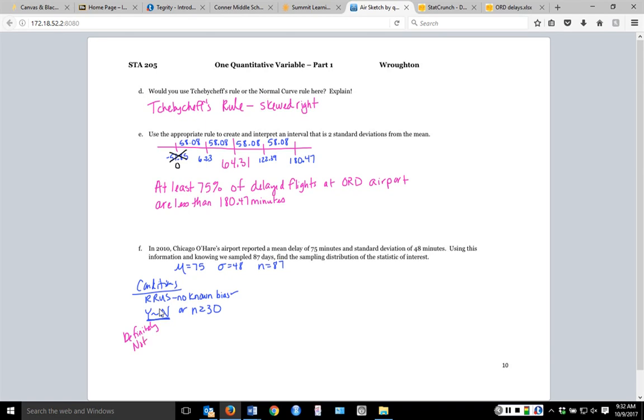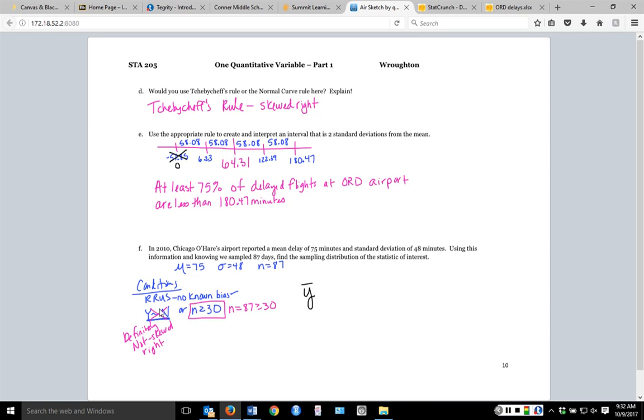We're skewed strongly right here. So that one's definitely not met. Do we have a sample of at least 30? That we do, 87 is at least 30. So our conditions are met.